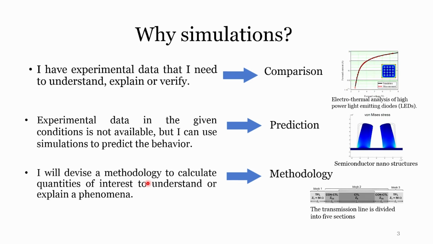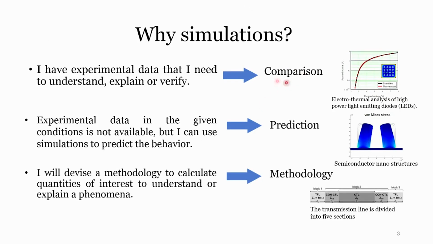Why do you want to compare that? Because the comparison will help you to understand the underlying physics. Once you know what the physics is, you can actually change the scope of working of your device and get to new kinds of results. So that is one reason, to compare your experimental data with the simulation data and try to understand the physics. The second is to predict.